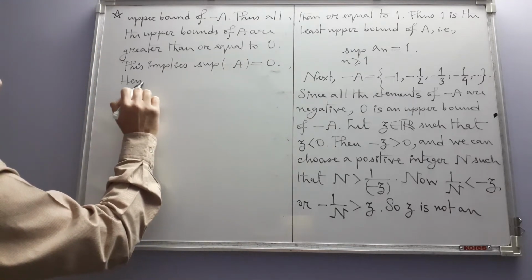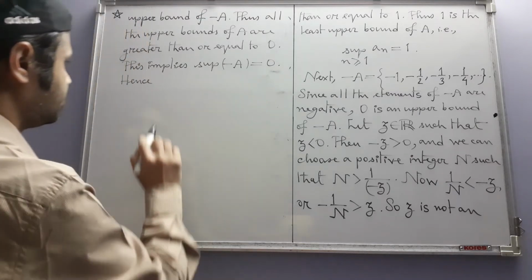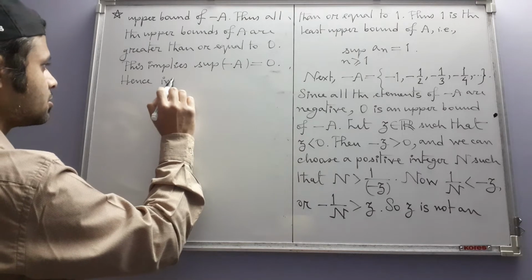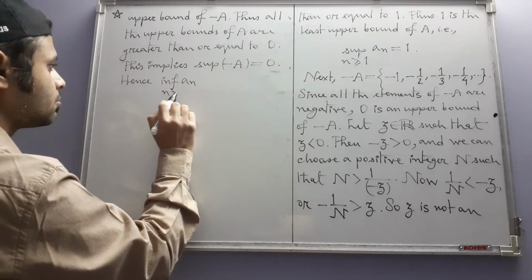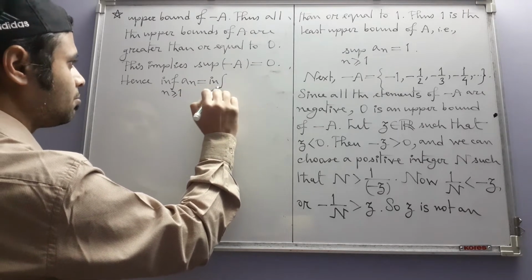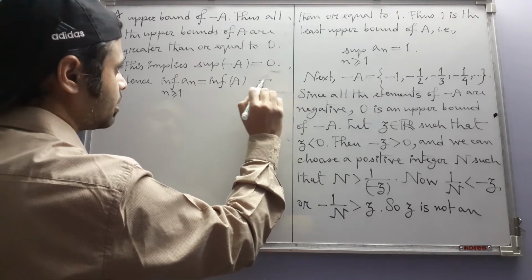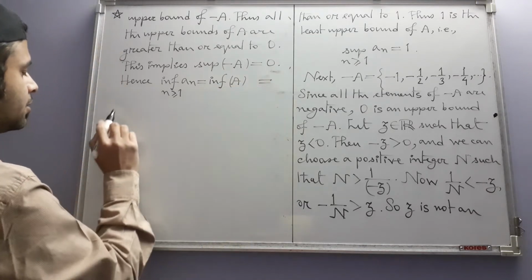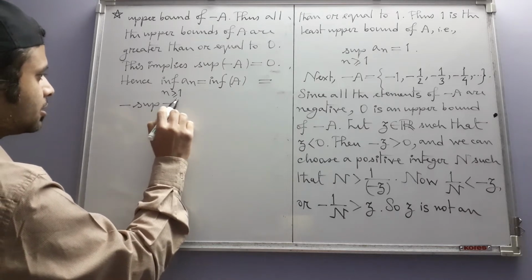Hence, our aim is to find the infimum of a. So the infimum of the sequence an is equal to, by definition, the infimum of a, and that again by definition of infimum is minus of supremum of minus a.